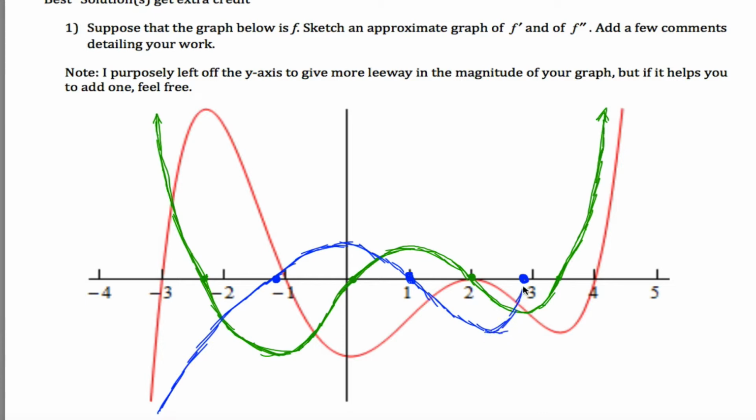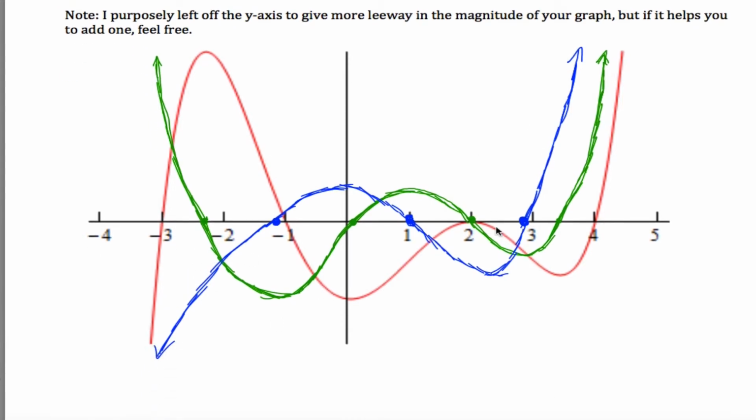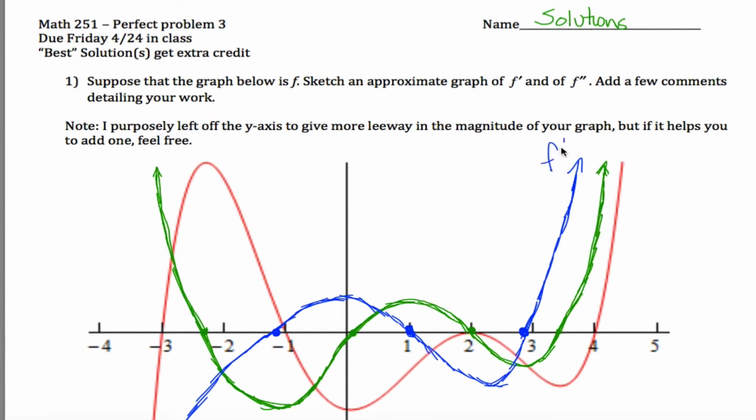And it levels off until it gets back to that point. And then everything that happens after that is not that interesting. It starts going up, and it does so faster and faster. That thing in blue is an approximation of my second derivative, whereas this thing in green is an approximation of my first derivative.